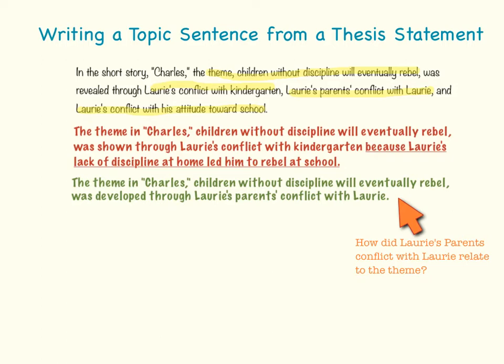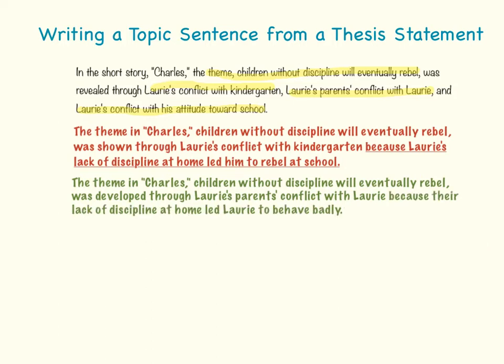I'm going to ask this question here. How did Laurie's parents' conflict with Laurie relate to the theme? How did their conflict actually show that children without discipline will eventually rebel? Let's see how my new addition works. The theme in Charles, Children Without Discipline Will Eventually Rebel, was developed through Laurie's parents' conflict with Laurie because their lack of discipline at home led Laurie to behave badly.